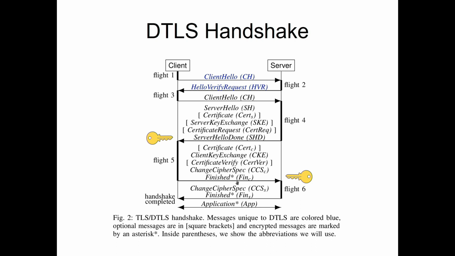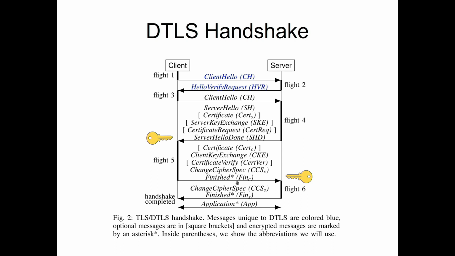Then you have a server hello, and you can ask for a certificate, and so on. So various of these things are optional. Other ones have parameters in them. So it's a bit complicated. You finally establish a handshake if all goes well, and you go to flight 6, and you issue a change cipher spec, and then the finished message.